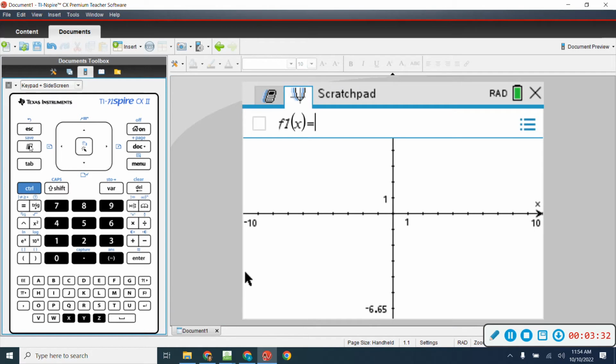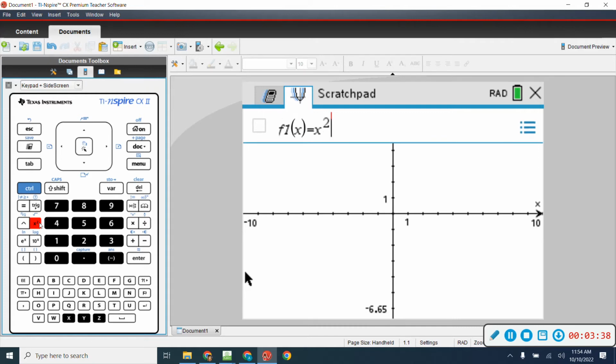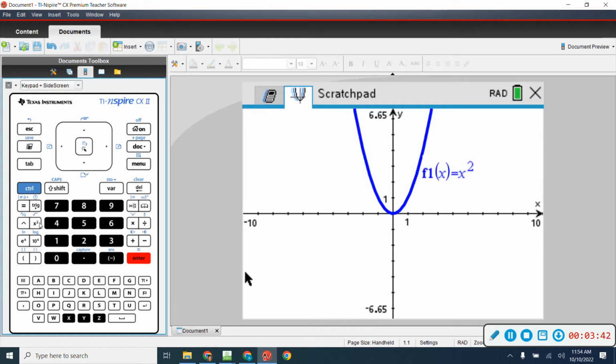That f1 of x is just your y1. So all you have to type is your x, and then the squared button is right next to the 4. So x squared, enter. And that is what the parent function of a quadratic function looks like. It's got the U, and the vertex is right here, the center of your graph. Just like with the absolute value function, the vertex is going to go in the center of your table.